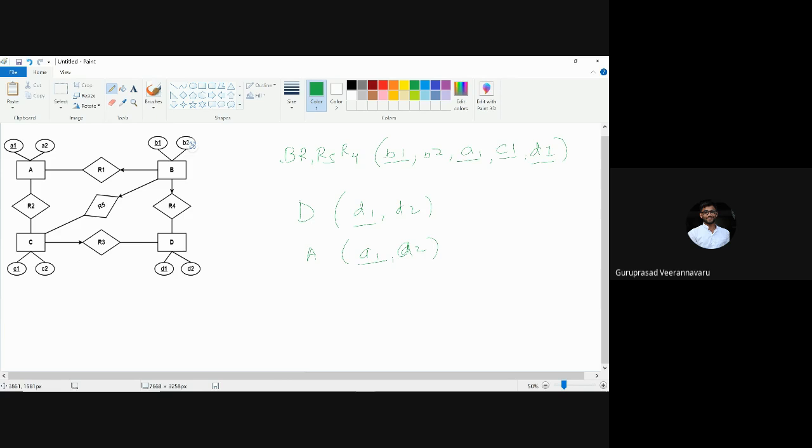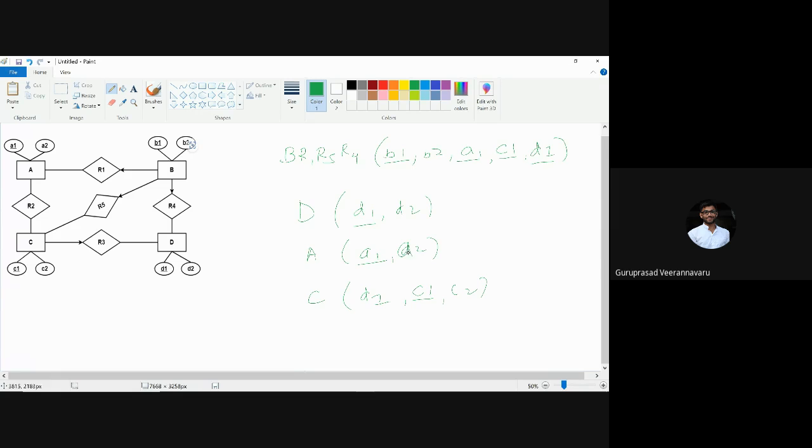And now if you look at C, C is depending on R3. It is only depending on R3, and it is one to many. So C will have D, one D is always there, D1, and then it will have C1 and C2.